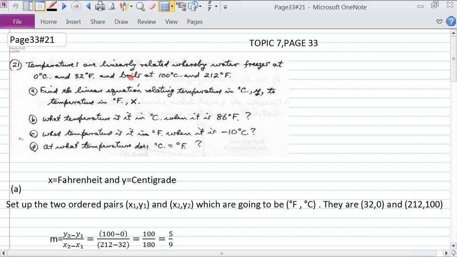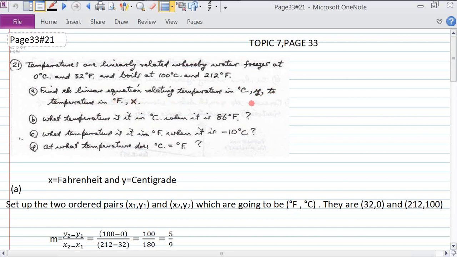And then we're told that water boils at 100 and 212, and in this case the x value is the 212 and the y value is 100. So that's the information we're given, and we're asked in the first question to find the linear relationship in degrees centigrade, which is the y value, our y variable, to temperature in degrees Fahrenheit, our x value.